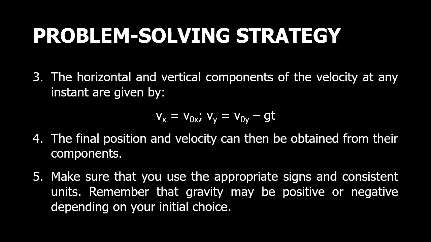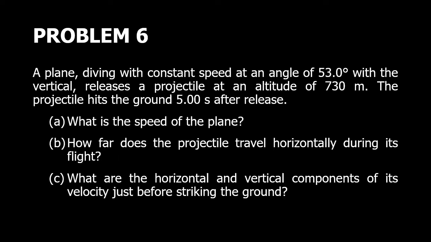Number 4, final position and velocity can be obtained from their components. So make sure that the appropriate signs and consistent units are used. Remember that gravity may be positive or negative depending on your initial choice.